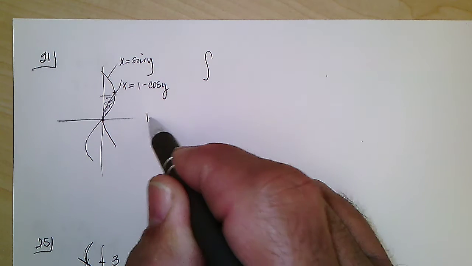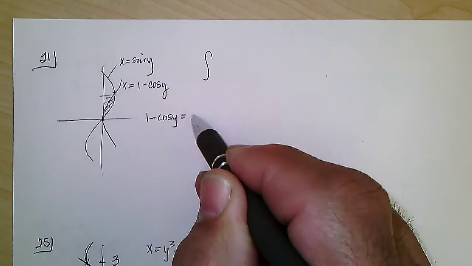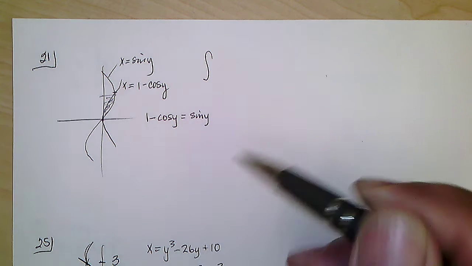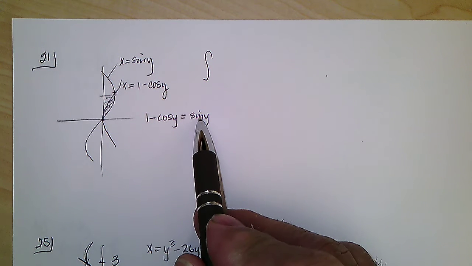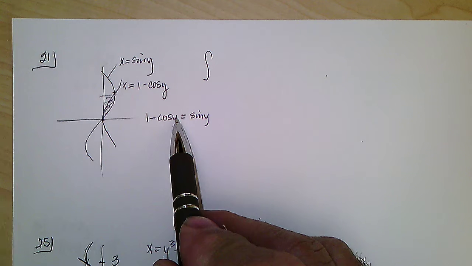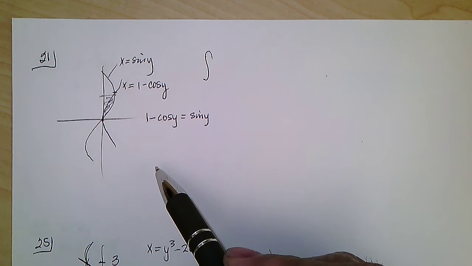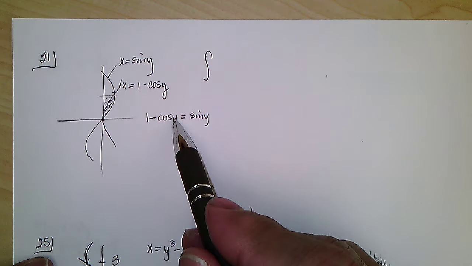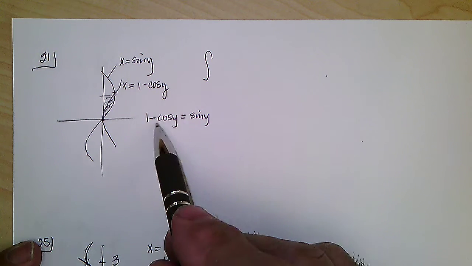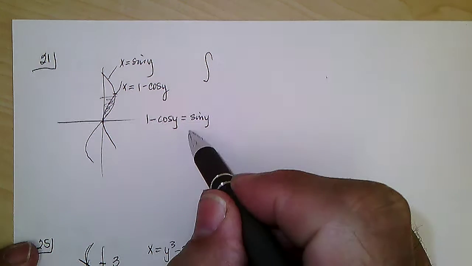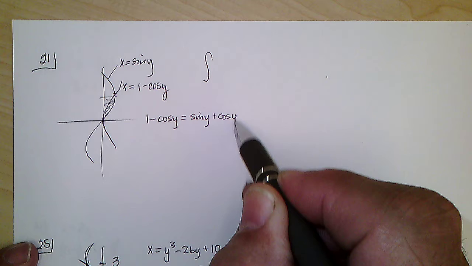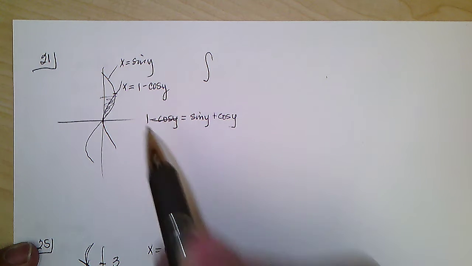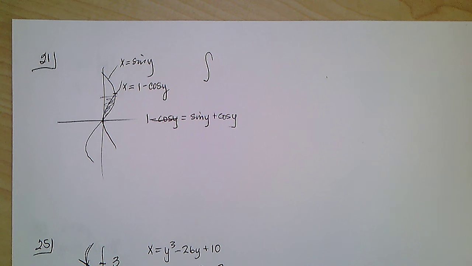So that'd be 1 minus cosine y equals sine y. Sine y plus cosine y equals 1. When would that add up to be 1?